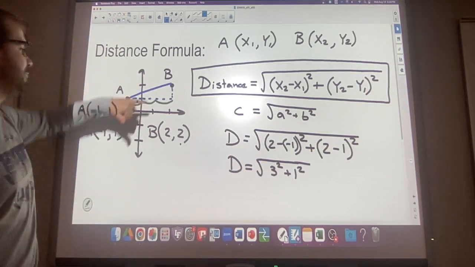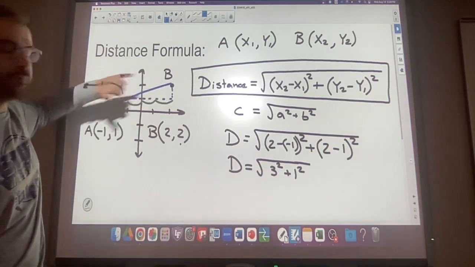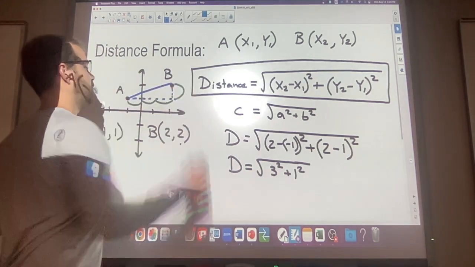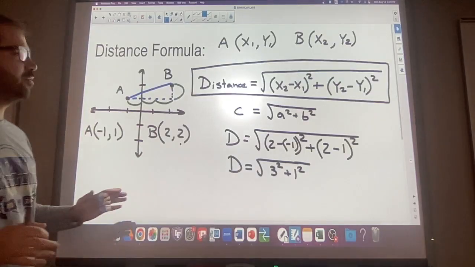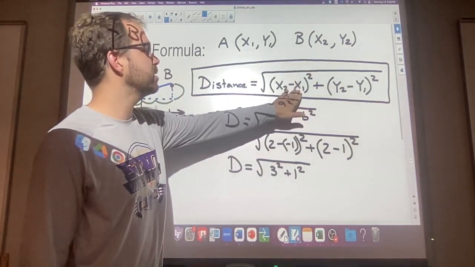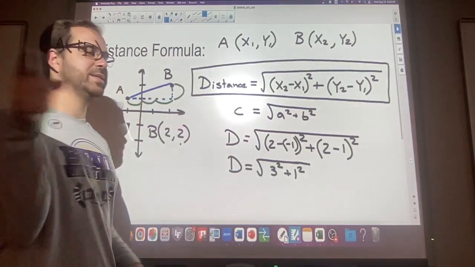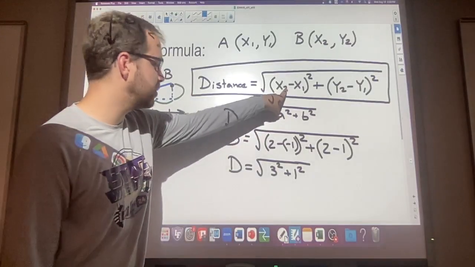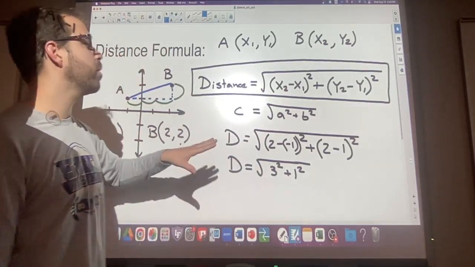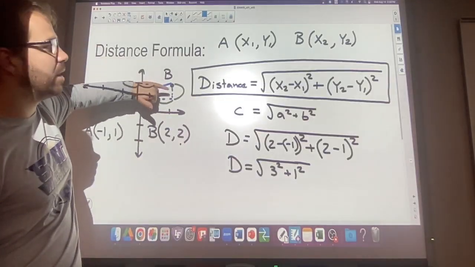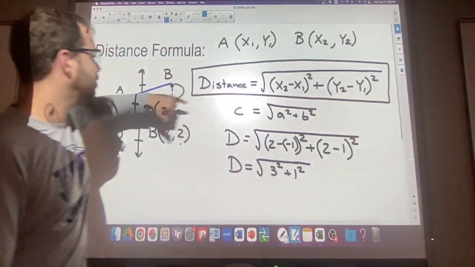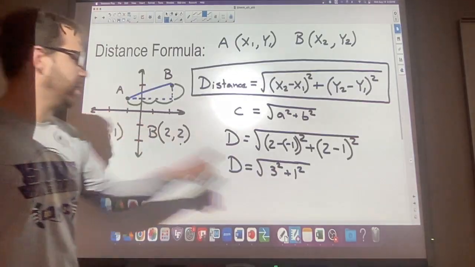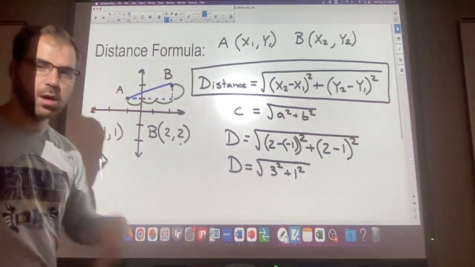How far apart are these up and down? 1. So if you want to avoid this whole x2 minus x1 business, you can just count the spaces left and right, and that's the number you square. And if you want to skip subtracting y2 minus y1, you can just count the spaces, and that's the number you square, hence the 1 squared.